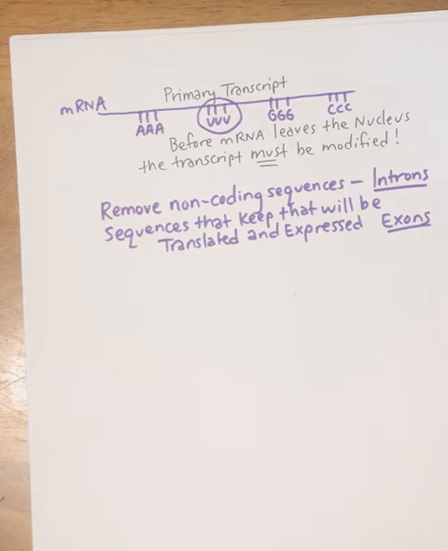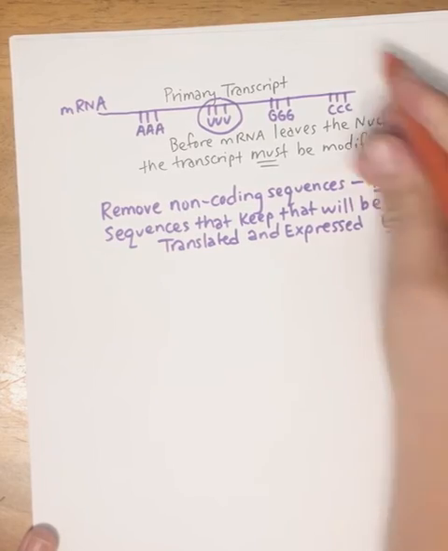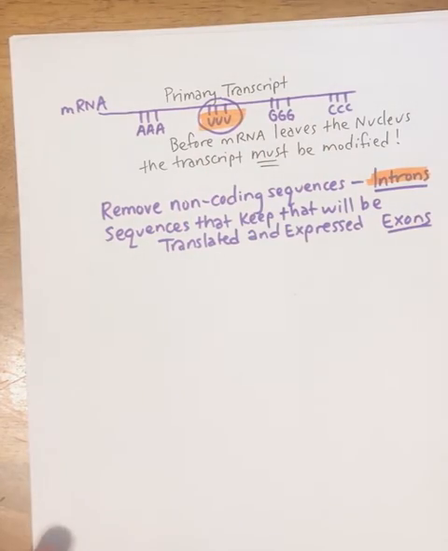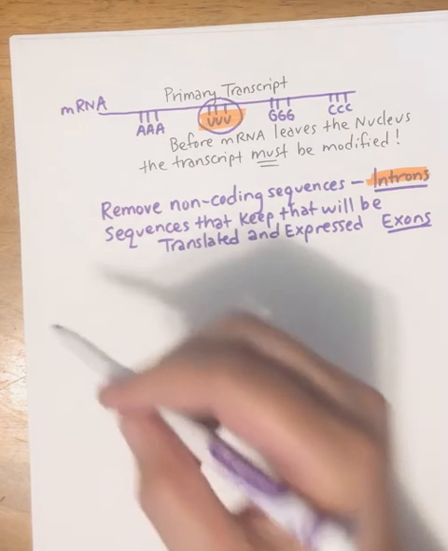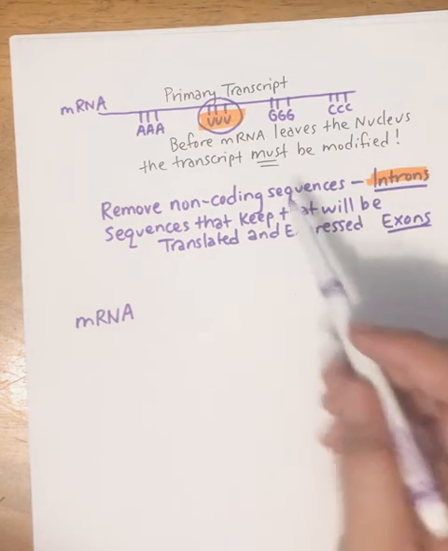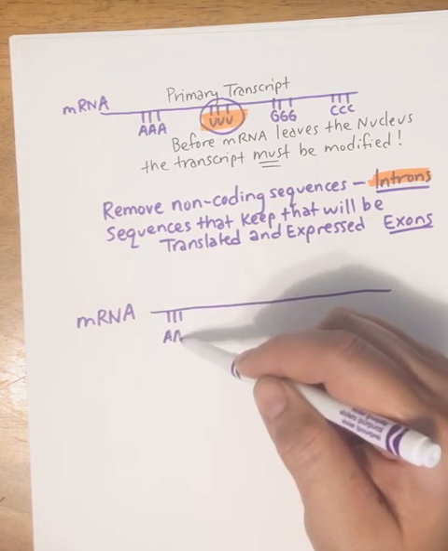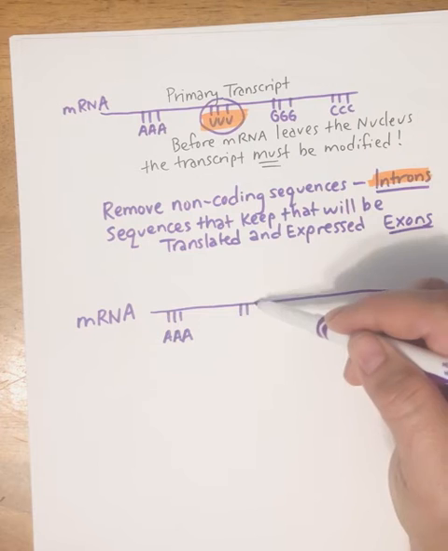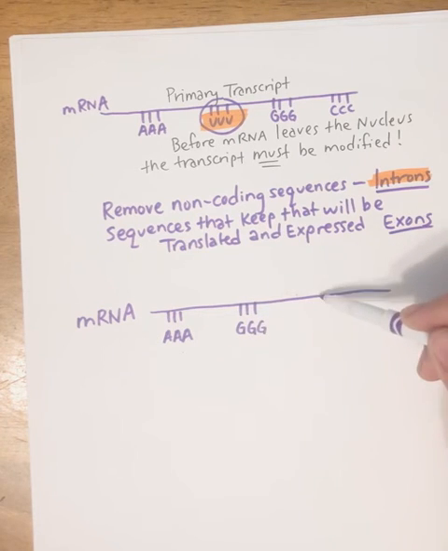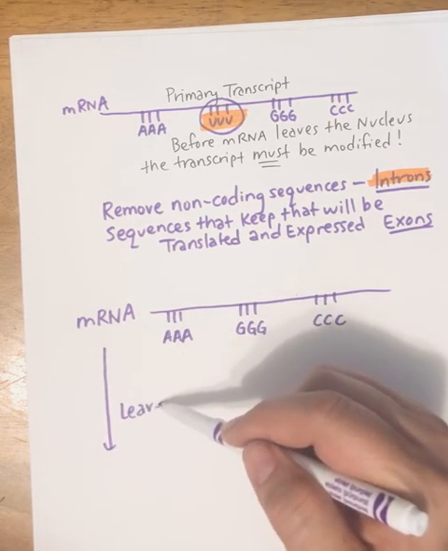So we need to remove non-coding sequences. So let's just say your intron is your non-coding sequence. Everything else is going to be your exons. So now you've modified your mRNA and you have exons AAA, GGG, and CCC.